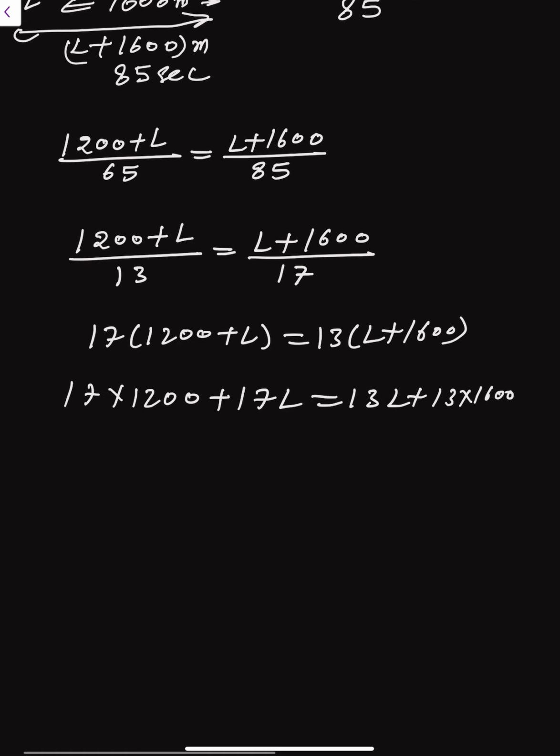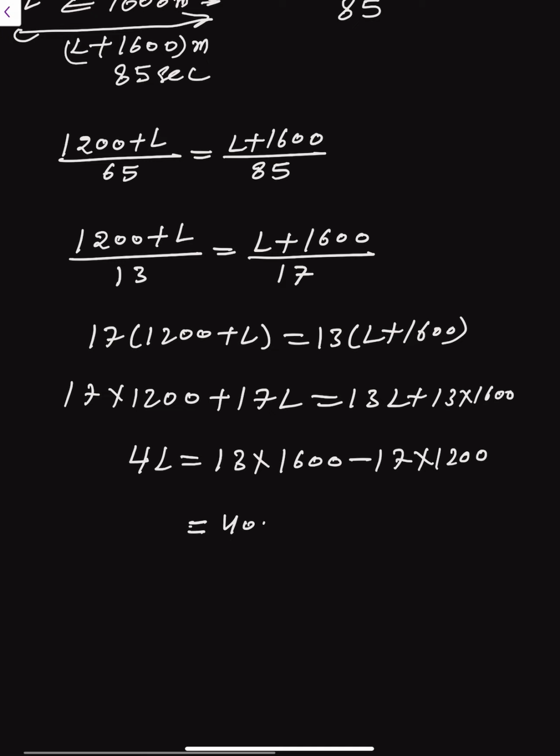now that is 4L, this equals how much? 13 into 1600 minus 17 into 1200. Clear? I hope so. Now after that, look here very carefully. 400 is common.